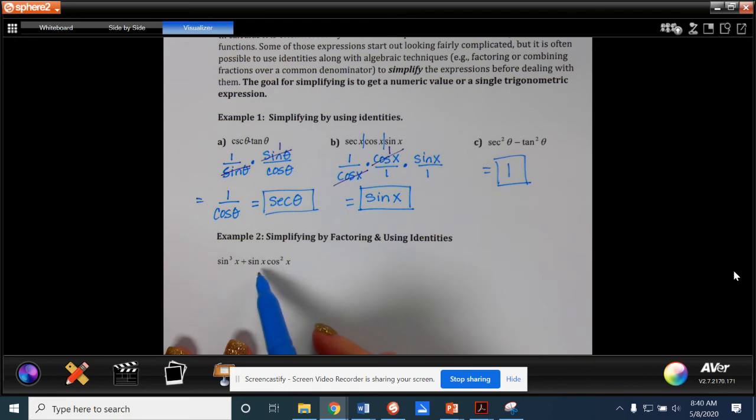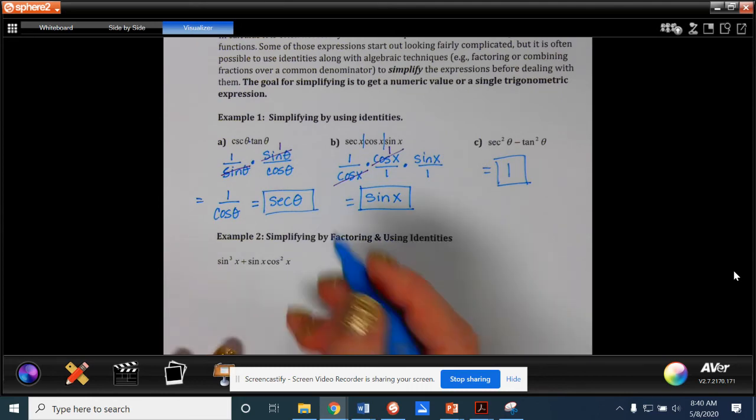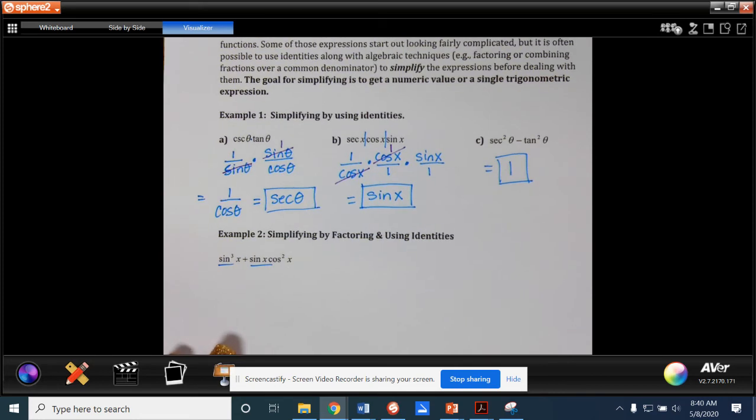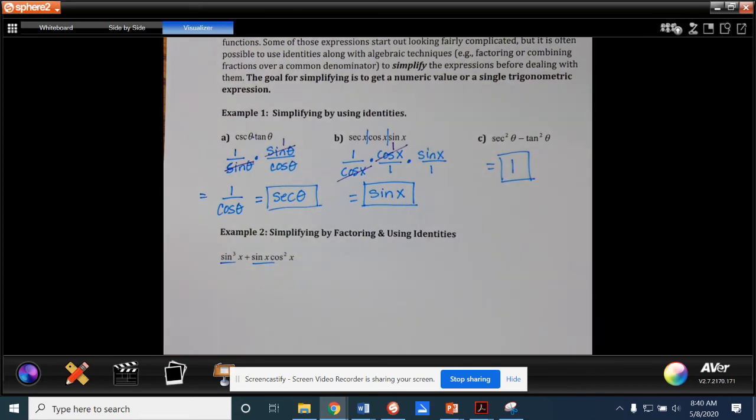These two things are being multiplied. It's just like saying x cubed plus 2x, and I'm going to take out my x. Well, they both have in common, between this addition sign, a sine. So factor out sine x.